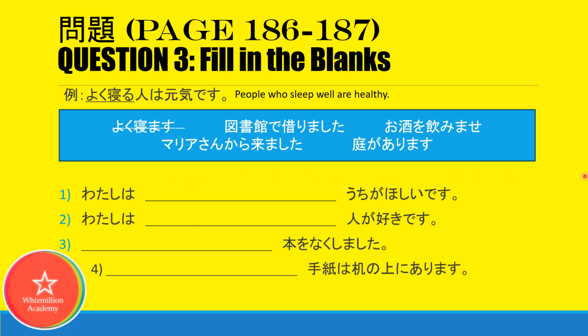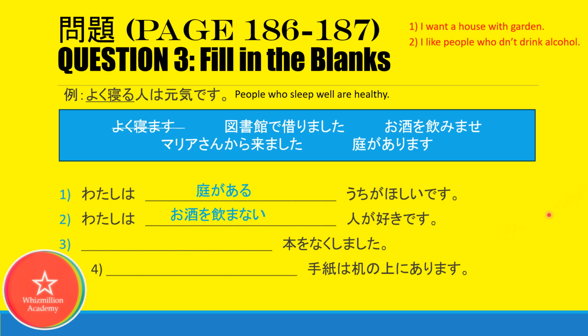Question 1. 私は庭がある家が欲しいです。I want a house with garden. Question number 2. 私はお酒を飲まない人が好きです。I like people who don't drink alcohol. Question number 3. 図書館で借りた本をなくしました。I lost the book I borrowed from the library.